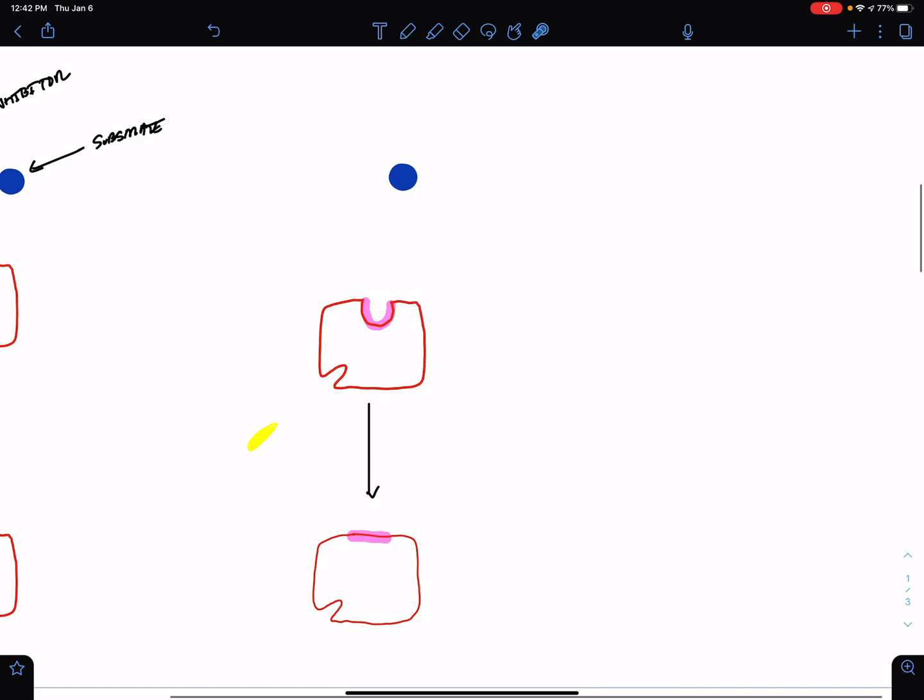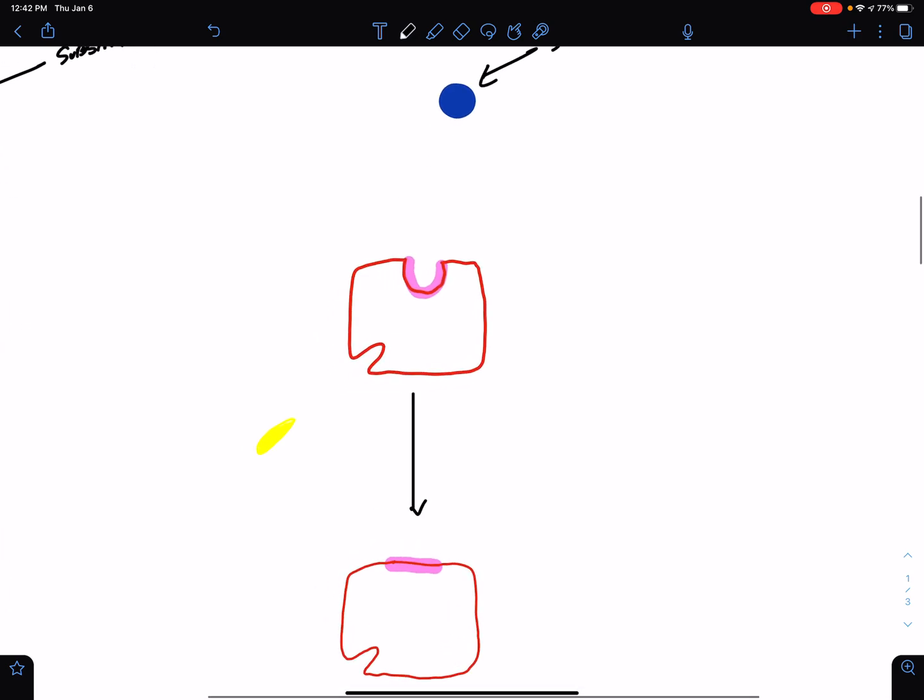In allosteric inhibition, we have, just like before, a substrate that is going to bind to our enzyme, but we have an inhibitor here, which is actually not the same shape as our substrate.